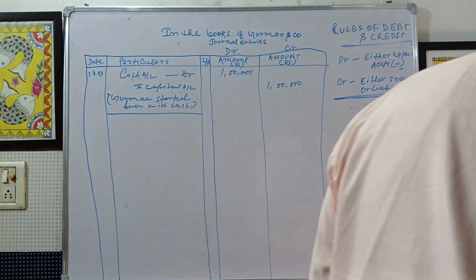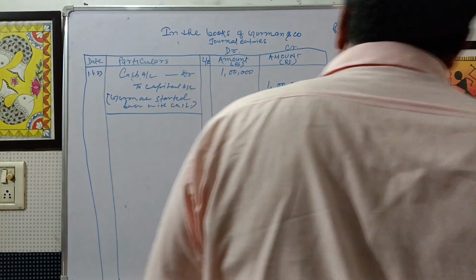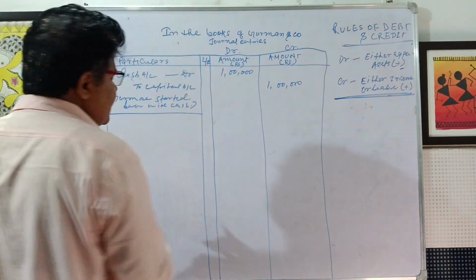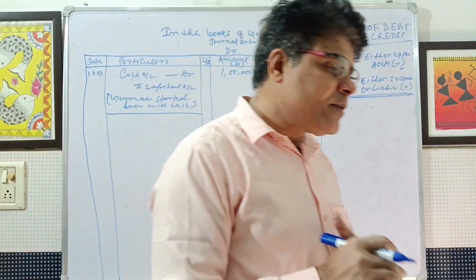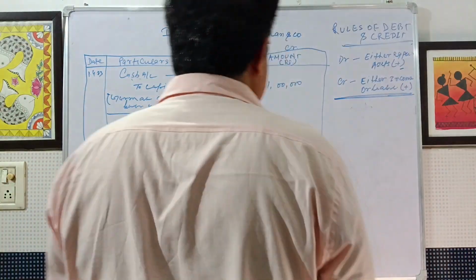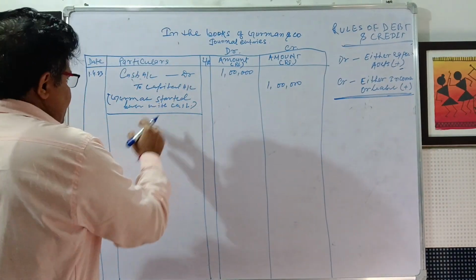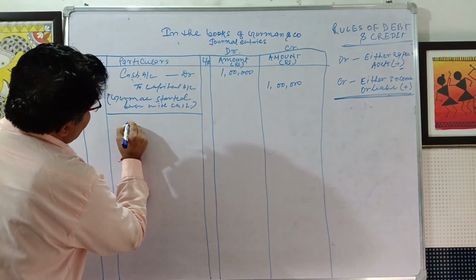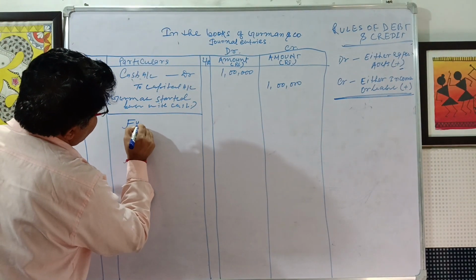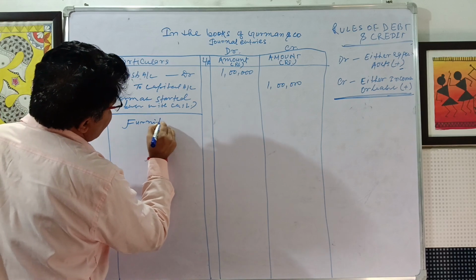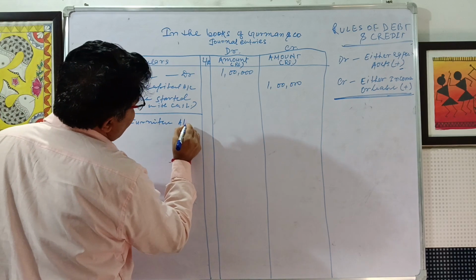Like purchase office furniture in cash. So what will be the entry? Furniture account debit. Why?